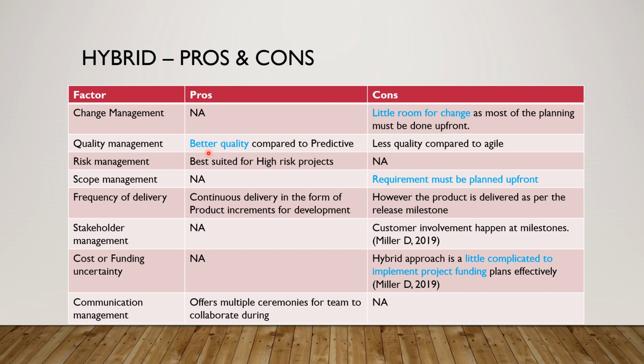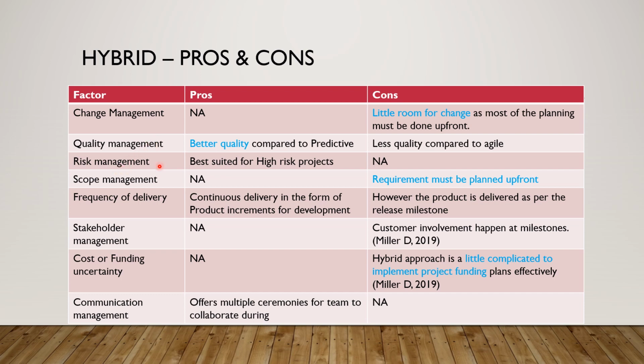Since the development and system testing are done in a time boxed form, the hybrid approach definitely provides better quality compared to the predictive model. But overall, when we compare the quality to agile, it is less in nature. So therefore, it has its own advantage and disadvantage with respect to quality management.